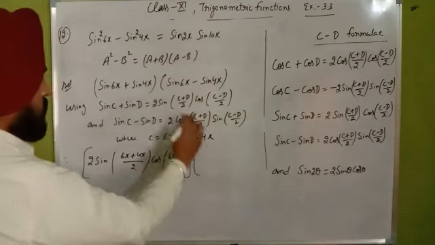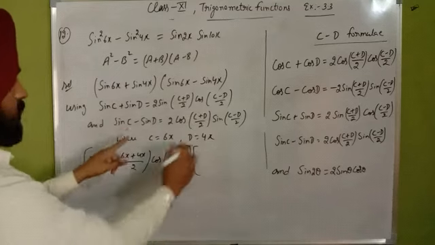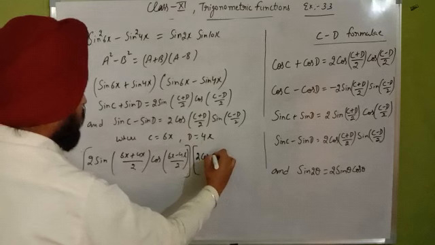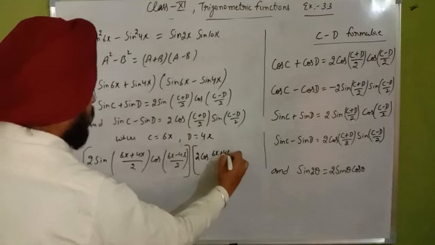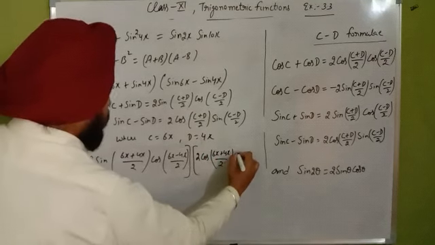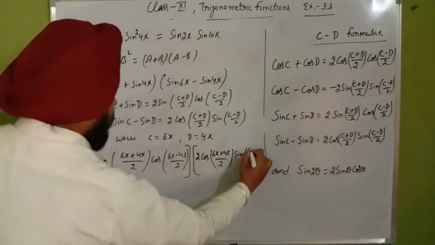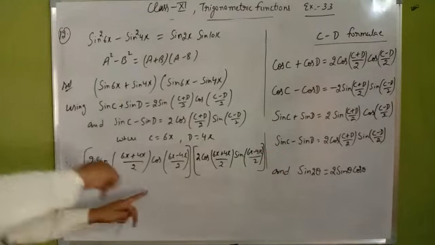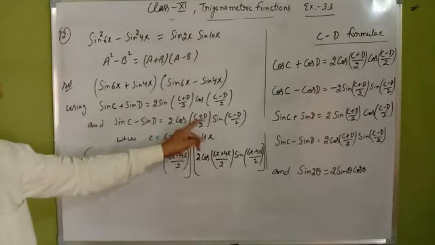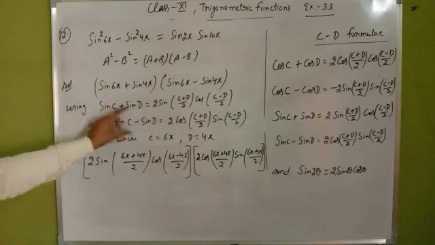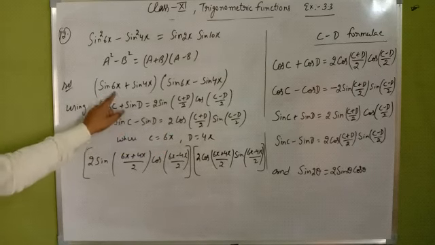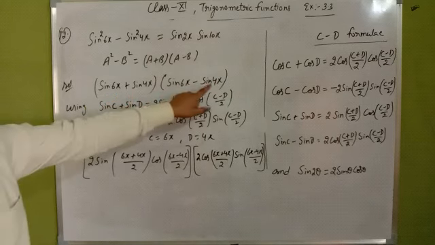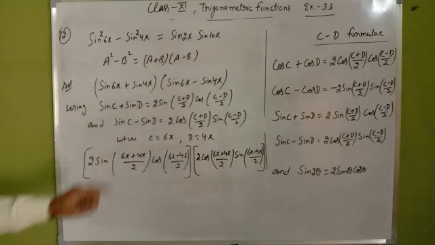Now for sine 6x minus sine 4x, write 2 cos of 6x plus 4x upon 2 into sine of 6x minus 4x upon 2. Clear that step? We have just written the values of c and d in the right hand side of both identities.